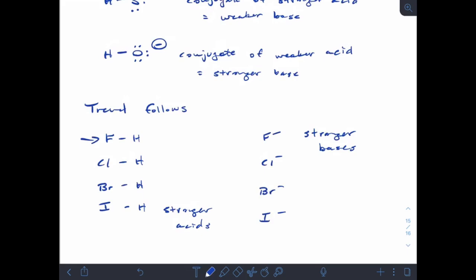So the bond between iodine and hydrogen is very, very weak. This is the weakest of the bonds in this list, which makes it the stronger acid. But the stronger acid results in a weaker base. So our weaker acid will be a stronger base.